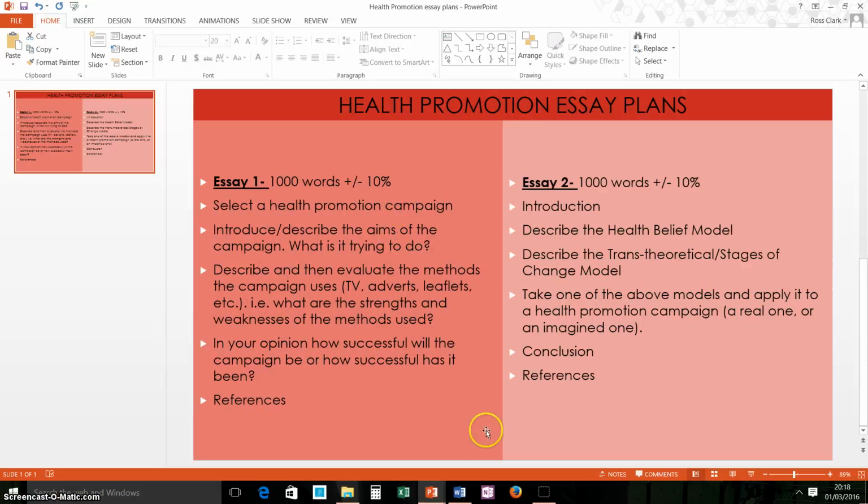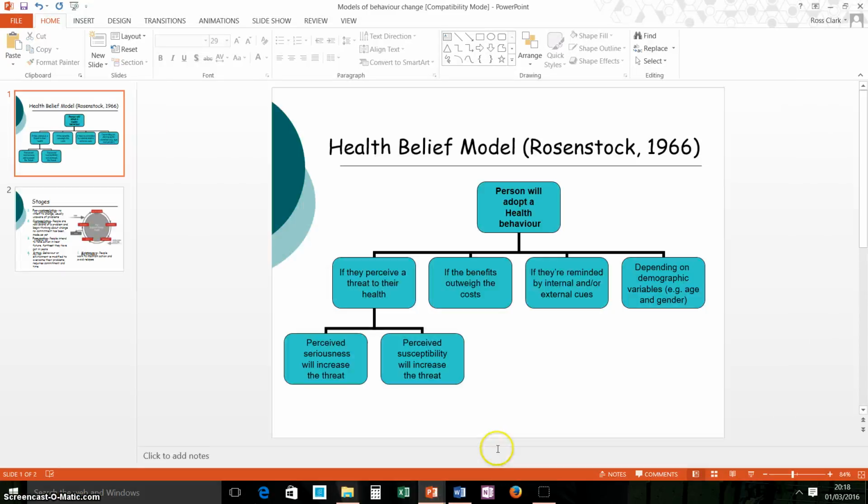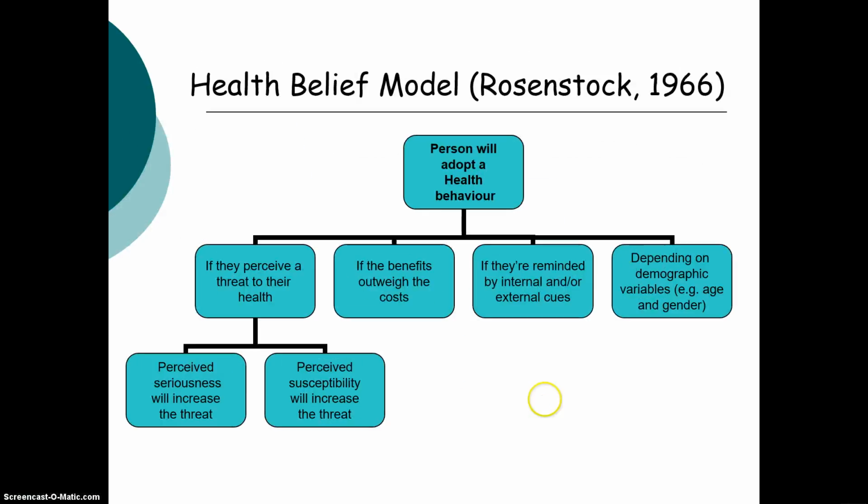So for the health belief model, for instance, you could just go through the stages of it, and say we're trying to get people to adopt a health behaviour, for instance, cut down on drinking alcohol. So how would a campaign make them perceive a threat to their health?